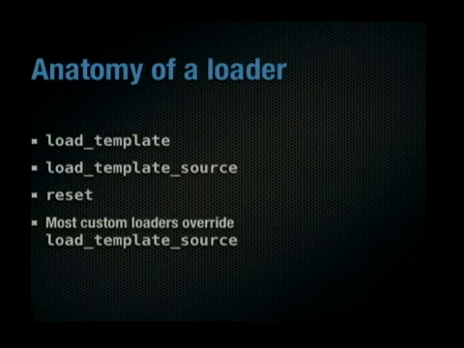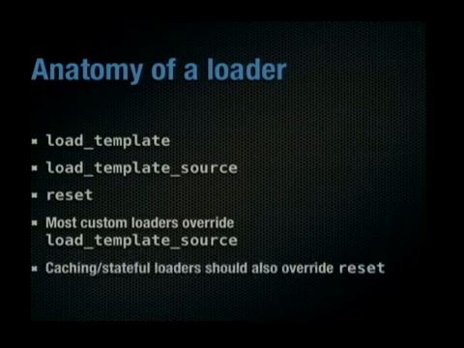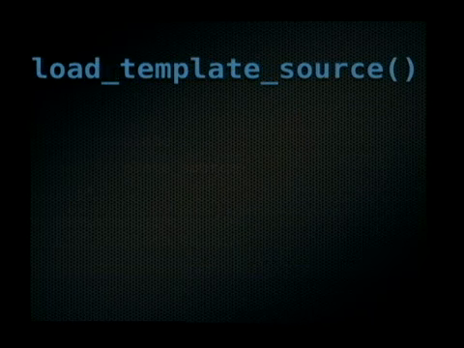Most custom template loaders you write will override load template source. This is the method that's required to go out and actually find somewhere some string that we can treat as a template. Loaders which care about caching or thread state should also override reset. There is a caching template loader that has to care about thread safety issues. It uses this to make sure it doesn't run into any problems.